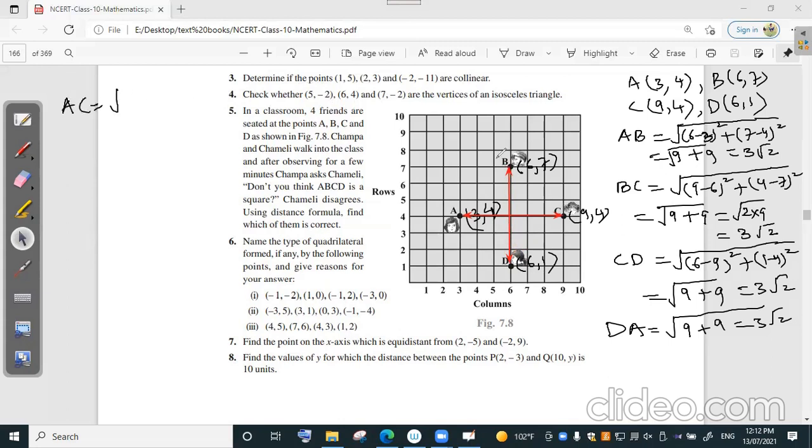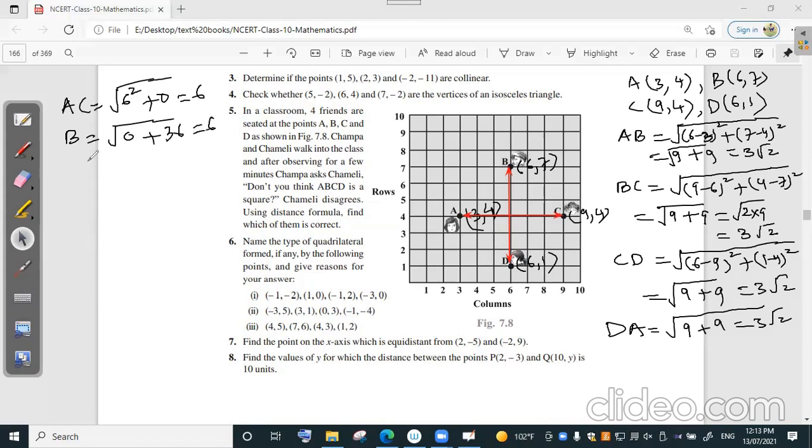Diagonal AC is equal to what? 9 minus 3, 6 square, plus 4 minus 4, 0 square. Square root of 6 square means 6. Similarly, diagonal BD is equal to 6 minus 6, 0, plus 1 minus 7, 6 square is 36. The root of 36 is 6.